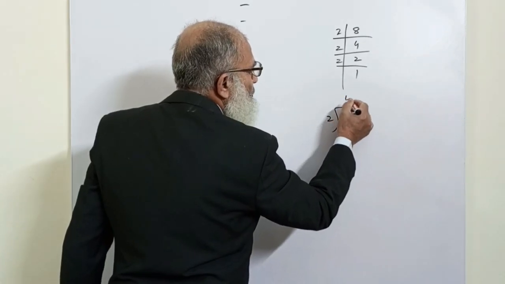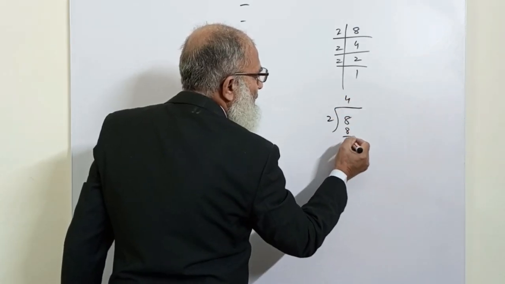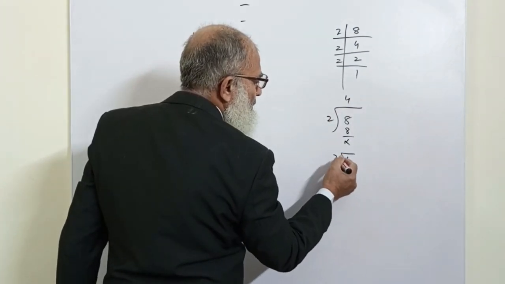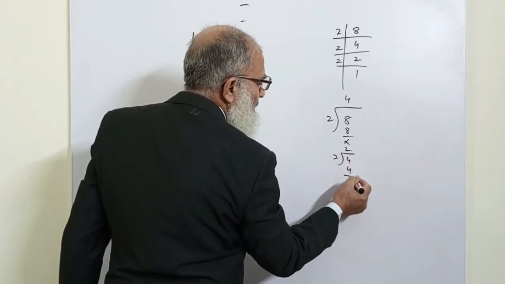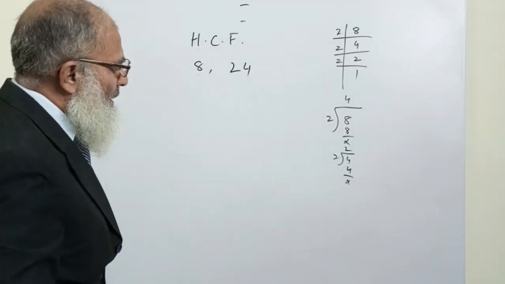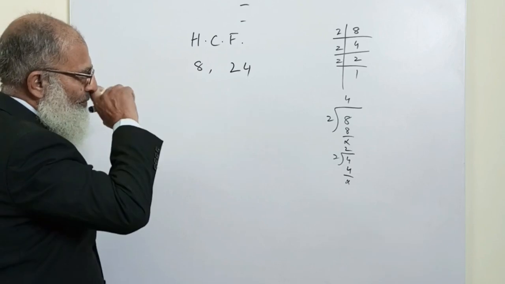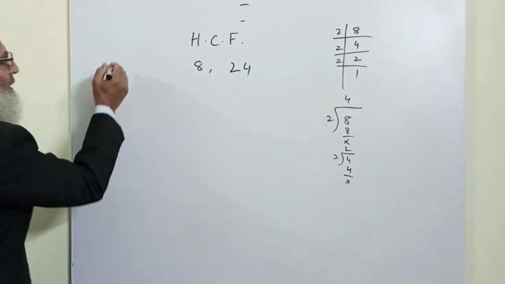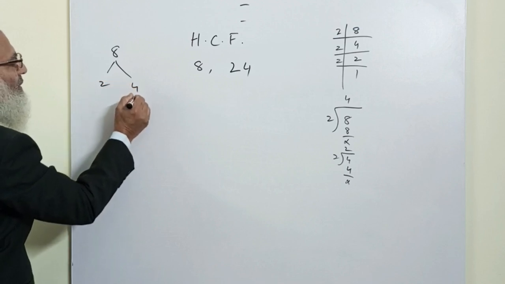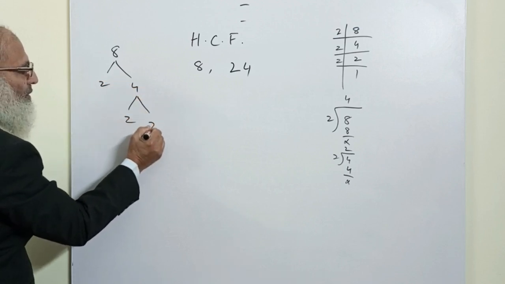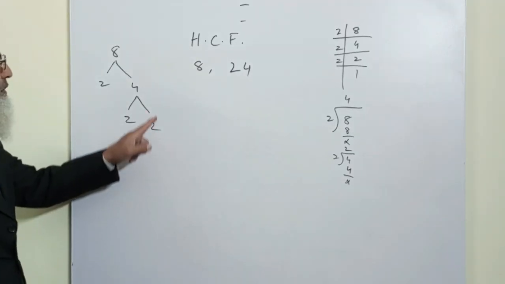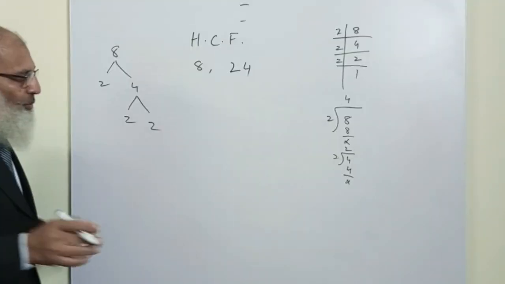Now these are the factors. Or by the division method you can do it like this: 2 4s are 8, and then by 4, these are one. It's again the factors. And the tree method is a simple one: 2 2s are 4, 4 2s are 8, or 4 2s are 8, whatsoever you want.